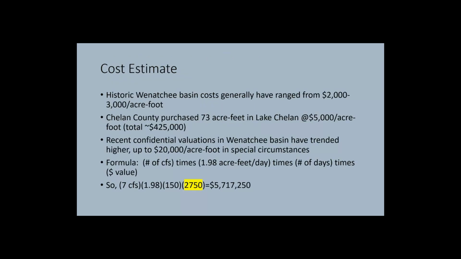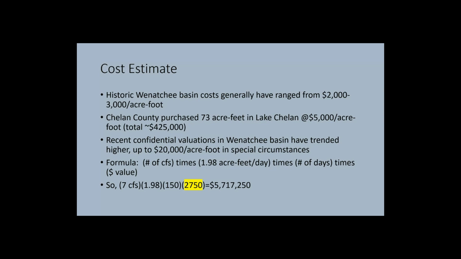I want to talk a little bit about the cost estimate and how we plan on paying for this. Historically in the Wenatchee Basin, cost estimates have ranged from $2,000 to $3,000 per acre foot. That's historic, probably up to about 3 or 4 years ago.